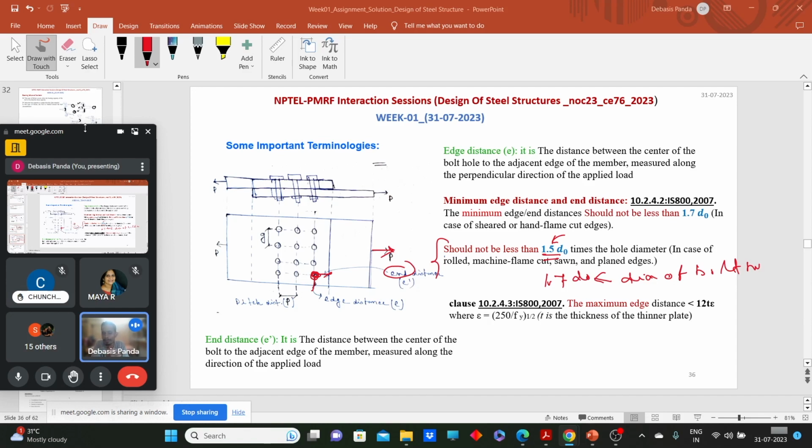Then the bolted one. Now in the later classes, or the next week's classes, we will learn how to design a bolted connection, how to make a shear connection, how to make a direct shear connection, how to make an eccentric connection, and how to design and analyze them.